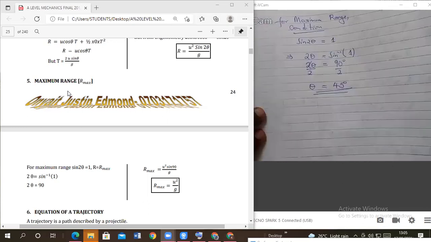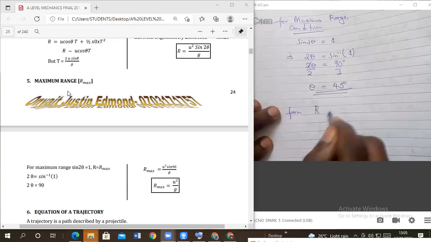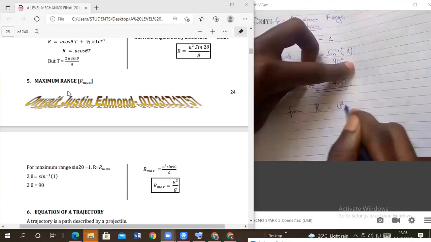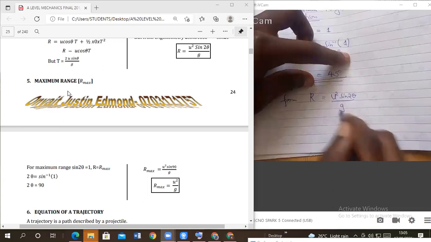Now, if that one is true, what will be the formula for maximum range? The formula will be R equals u squared sine 2 theta divided by g.